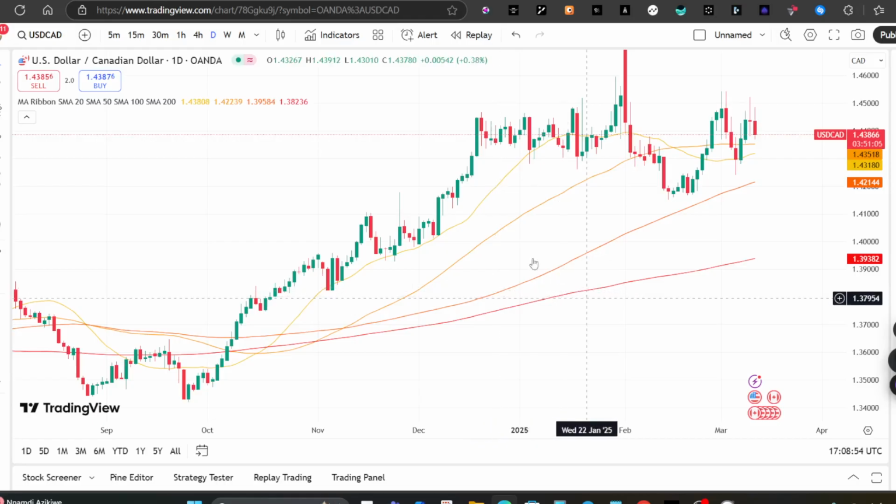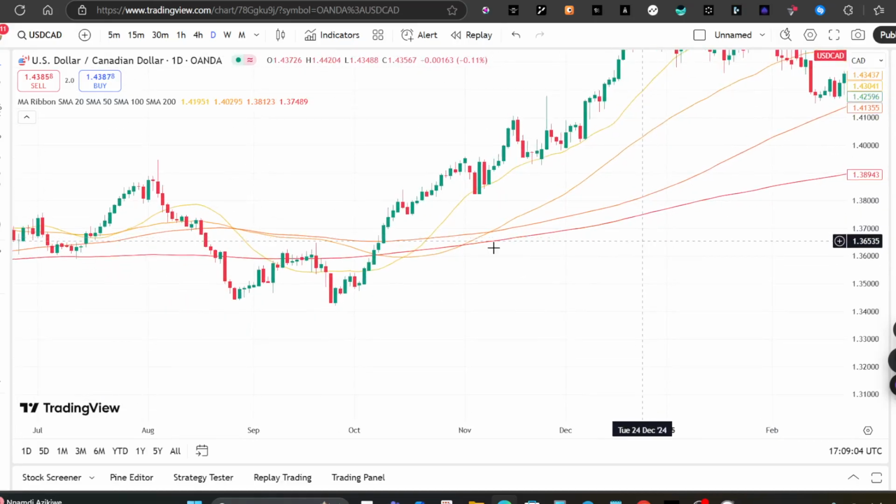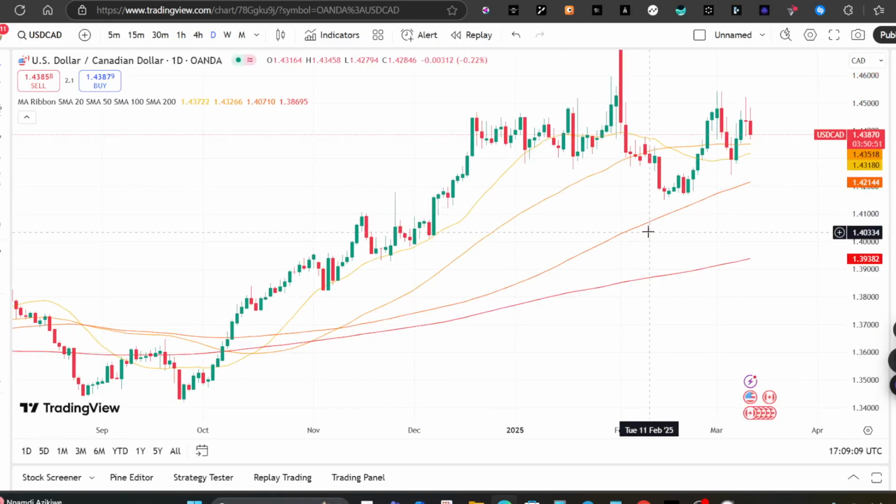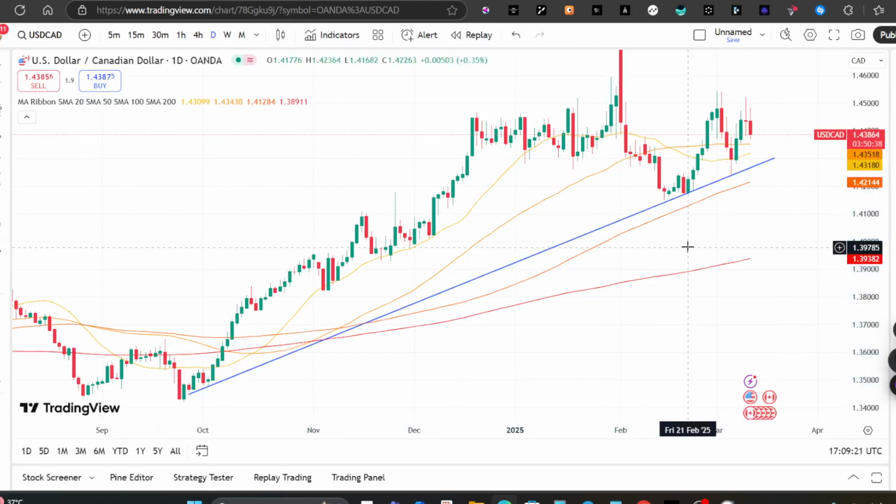By watching how these moving averages spread apart or converge, you can get an idea of the strength of a trend. When all of them are aligned and the shorter term ones are above the longer term ones, it's often a sign that the market is in an uptrend, like in this particular example, right?